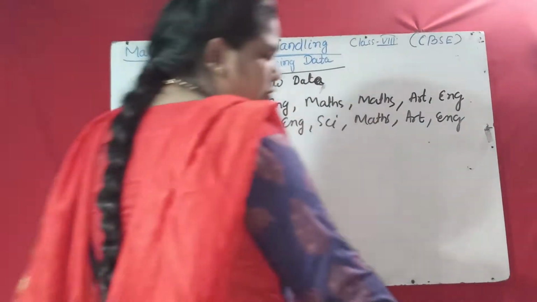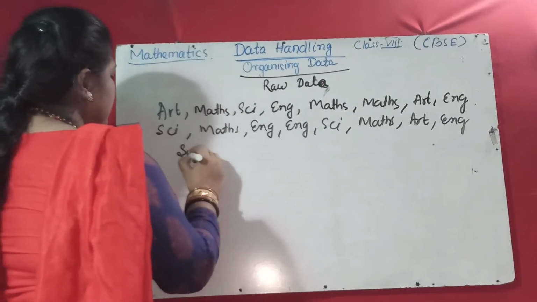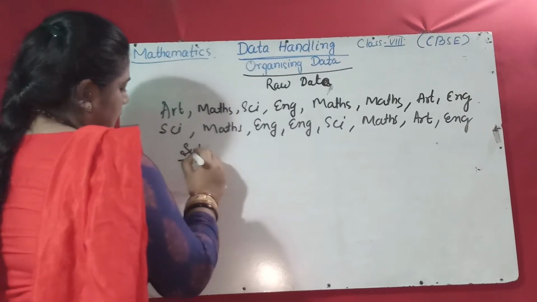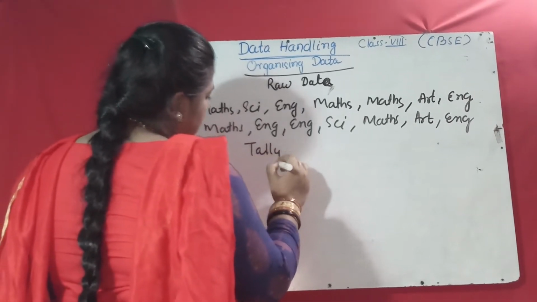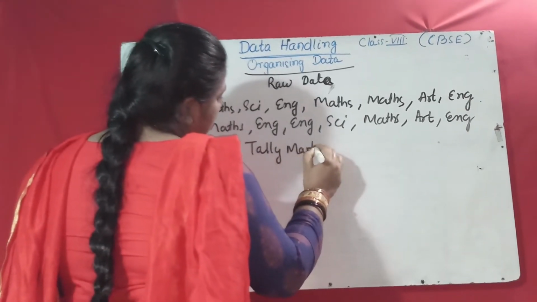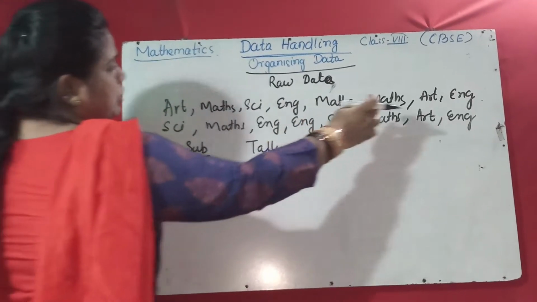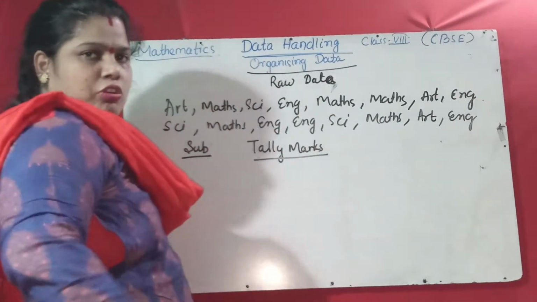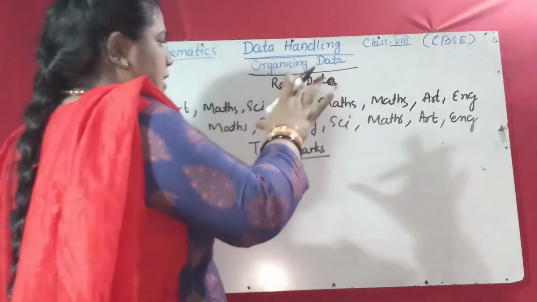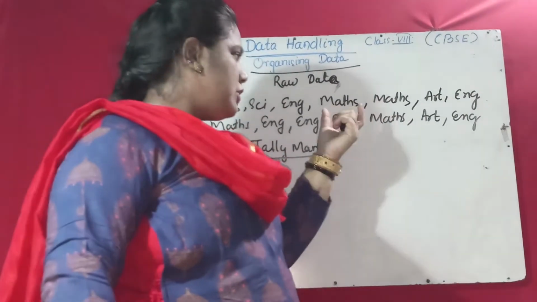First, you make columns for subject, then tally marks. If you just count art 1, 2, 3, like this, it may be wrong. If a large data set is given and you count, you may leave out some subjects.